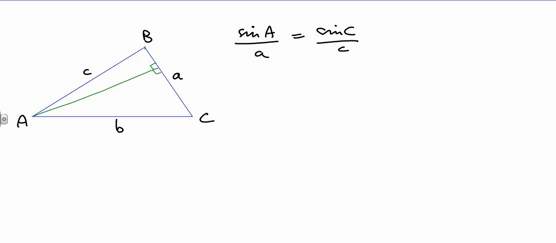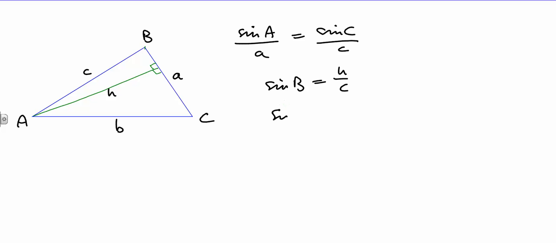And that also cuts the triangle into two right-angled triangles, and we can do the same thing again. And h is now this length here. So we can say that sine B equals h here in this triangle, the hypotenuse is c, so it's h over c.